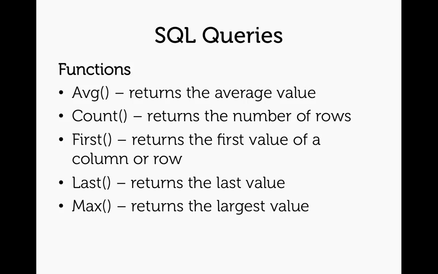Max returns the largest value. Think of it, you can imagine, show me the customer that's made us the biggest payment within a certain period of time, or ever even. What is the maximum amount someone has spent on our product? What is the maximum amount someone has logged in and used our product?